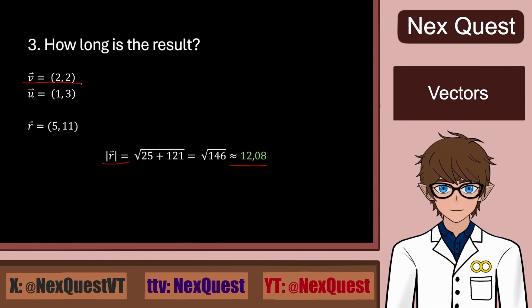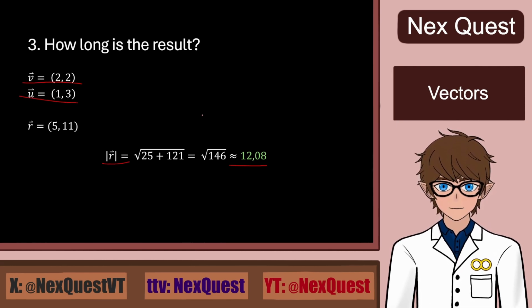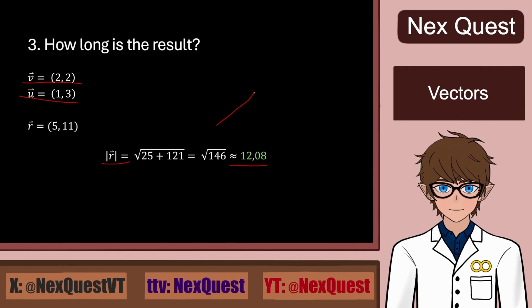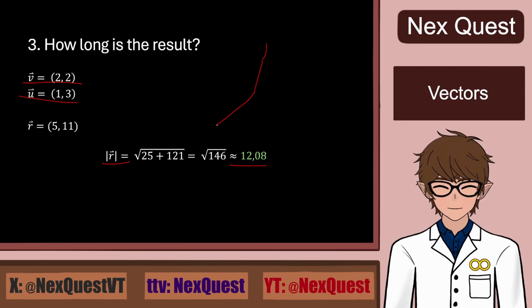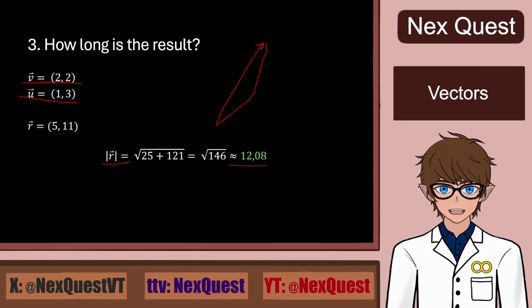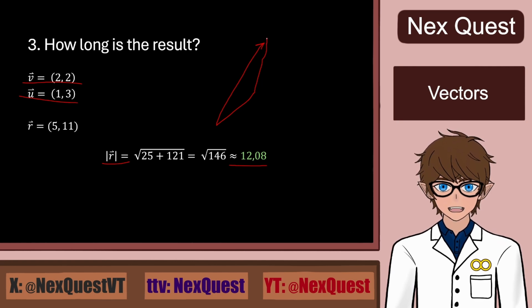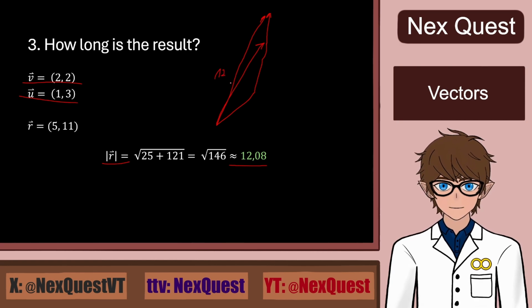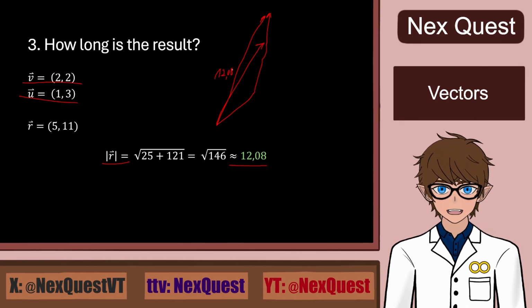So if we add these two vectors, like, what's that? 2, 2, and 1, 3 should be like this, I think. Basically, yeah. This vector here is the result of this addition. Oh yeah, this one should be 3 times longer as well. This result is 12.08 unit vectors long.